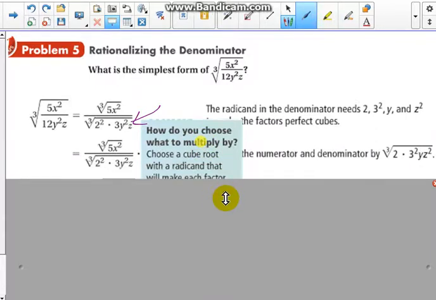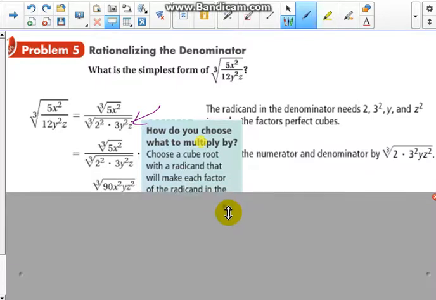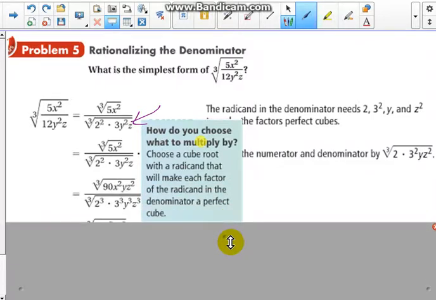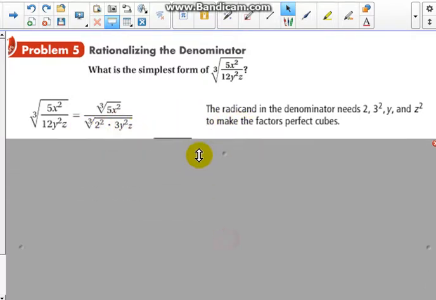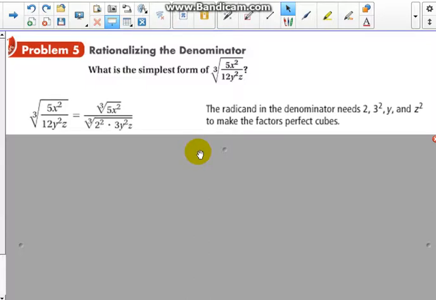So we need to choose a cube root with a radicand that will make each factor of the radicand in the denominator a perfect cube. So we've got to try to make everything there a perfect cube so we can clear the denominator. So what do we need? In the radicand in the denominator, we need a 2, 3 squared, y, and a z squared to make these factors perfect cubes.